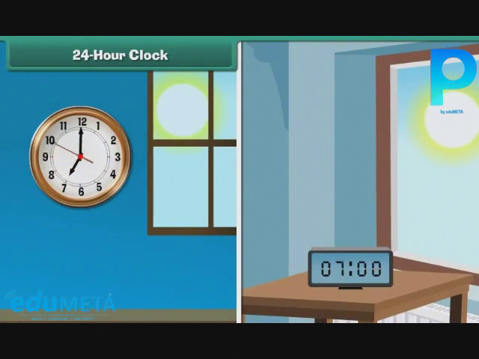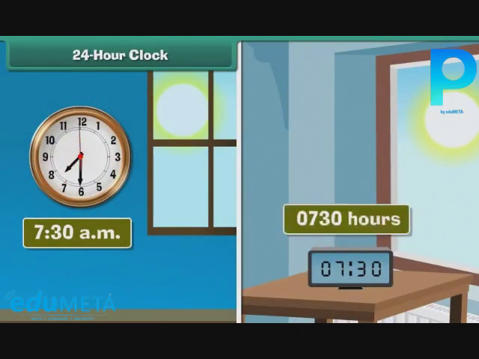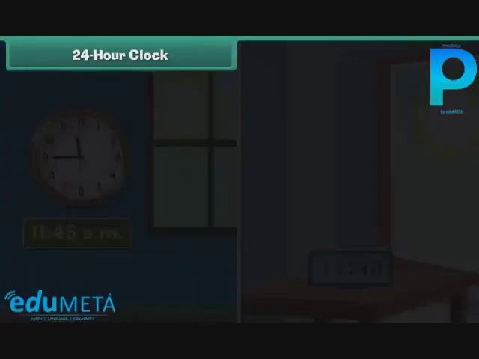Both the 12-hour and 24-hour clocks denote the first 12 hours of the day in an identical manner. 7:30 a.m. on the 12-hour clock is represented as 0730 hours on the 24-hour clock.